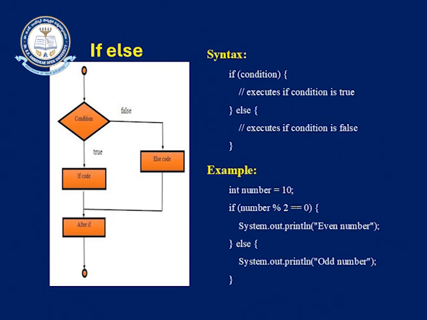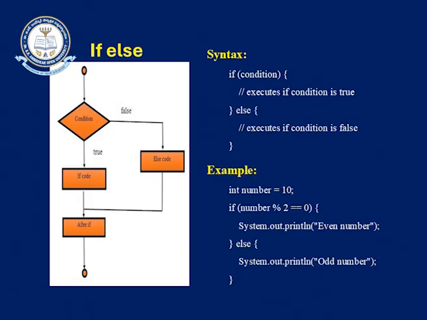Now, same as before, we are at this point and we want to execute this particular code. So here we are checking the condition. If the condition is true, then the following code is executed. If the condition is false, then it has the second option of executing the other code, which was missing in the if statement.